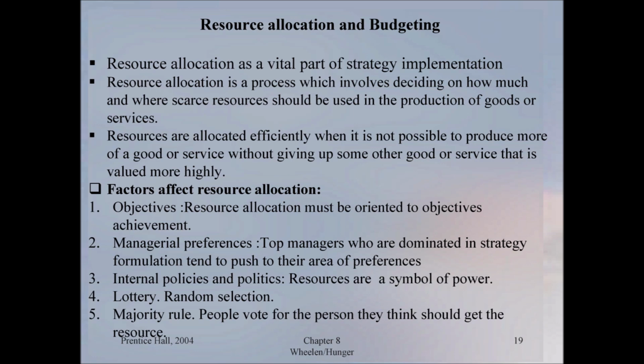Okay. And then there are also factors that inform how resources are allocated. First is dependence on objectives. What does the strategy intend to achieve? And then it also depends on management preferences. If management thinks this is how we have to go, then that area will get more of the strategy.